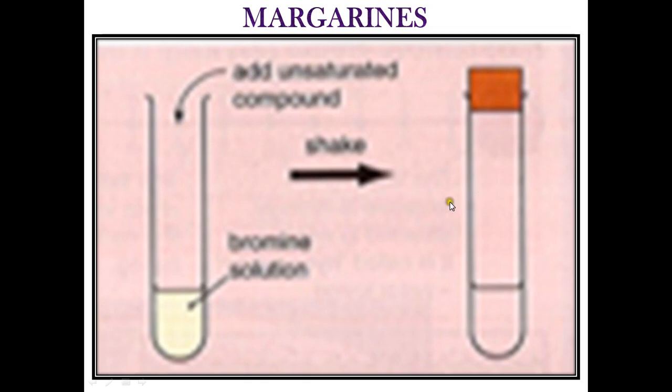The color of the bromine solution disappears, meaning decolorization is happening here. Hence we can say that the bromine solution is decolorized by an unsaturated compound. So this is the bromine test for finding out unsaturated compounds.